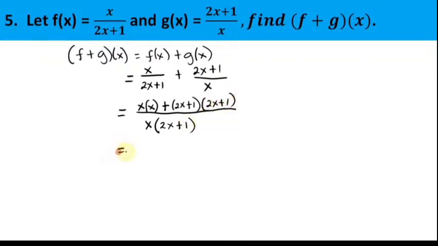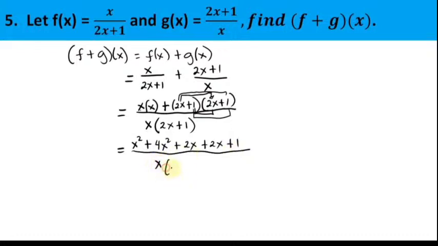Then simplify. x times x, that is x squared, plus, using the FOIL method, 2x times 2x, that is 4x squared. Then 2x times 1, that is 2x. Then 1 times 2x, that is 2x. Then 1 times 1, that is positive 1, over x times 2x plus 1.